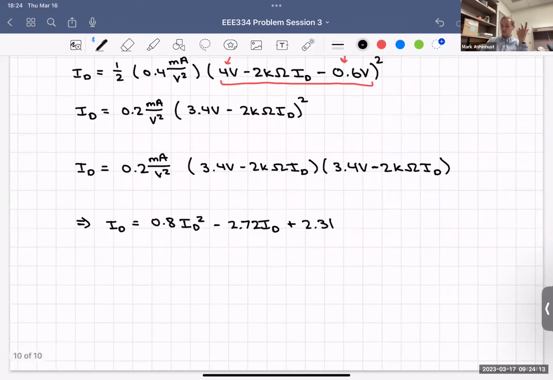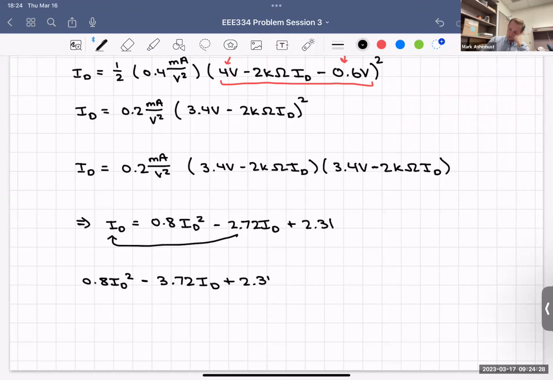Now we want to solve for ID, so we need to subtract ID over onto this side. We end up with 0.8 ID squared minus 3.72 ID plus 2.31.